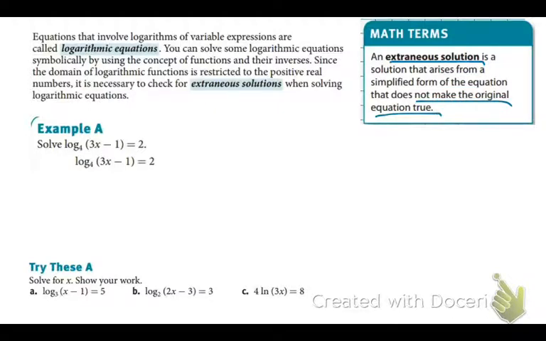Okay? We did not have to do this with our exponential equations because we did not have a limited domain. Look up here for me real quick. Remember with your exponential function, our domain was all real numbers, right? Went from negative infinity to positive infinity. But when we are working with our log equation, our domain is restricted, right? Our domain has to be what?